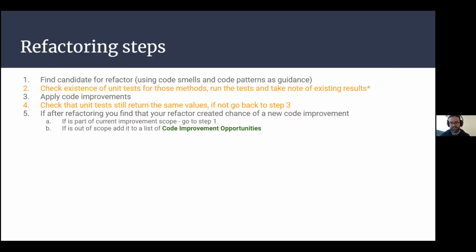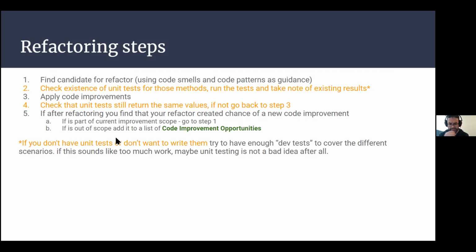Maybe keep a list of code improvement opportunities somewhere. But if it's part of the scope, go back to step 1 again. Find a candidate for refactor. You already kind of have it, and keep following that. But be careful about falling into the trap of saying, I ended up refactoring the whole project, and I started with a single method that had to be changed.